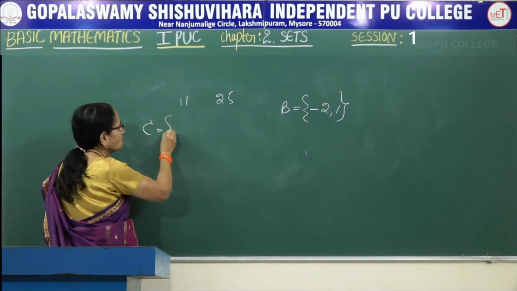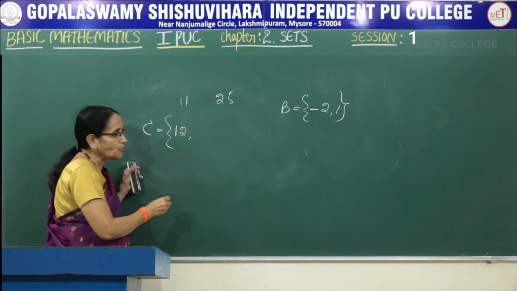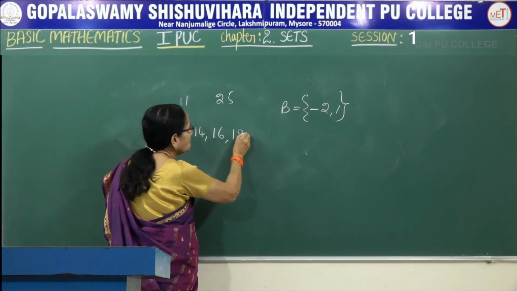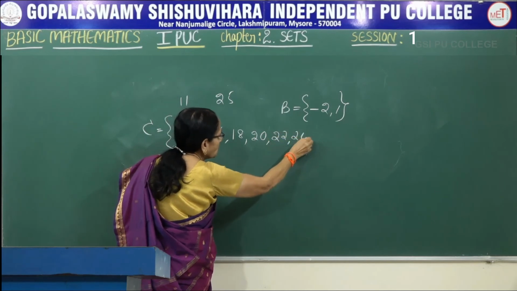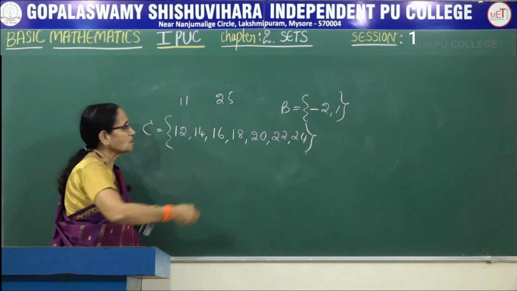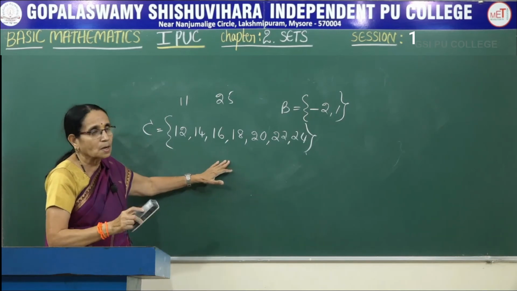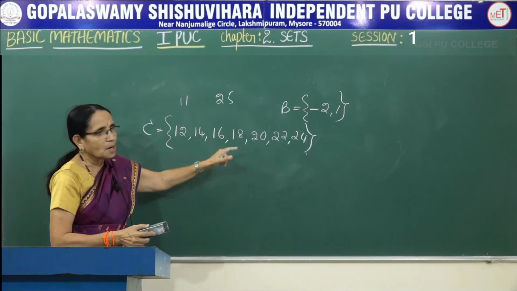Let me call it C. After 11, which is the first even number, 12, then 14, then 16, then 18, 20, 22 and 24. Okay, so these are the even numbers that occur between 11 and 25, greater than 11, less than 25.